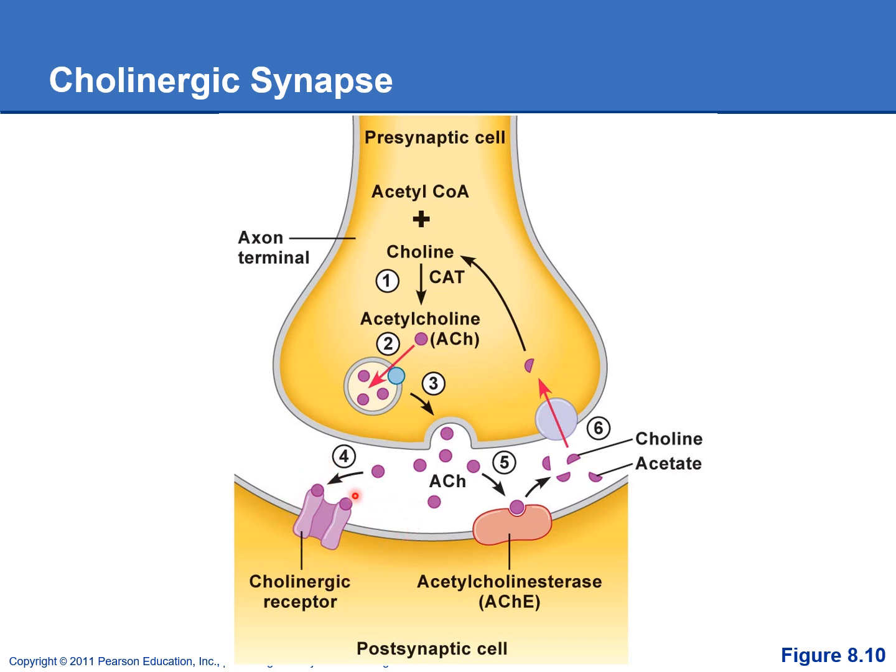And then we don't want to keep getting a response in our target cell. So we do need to get rid of the acetylcholine neurotransmitters. So here's our enzyme acetylcholine esterase, which will then chew up and destroy the acetylcholine. And the choline just gets pumped back into the axon terminal.